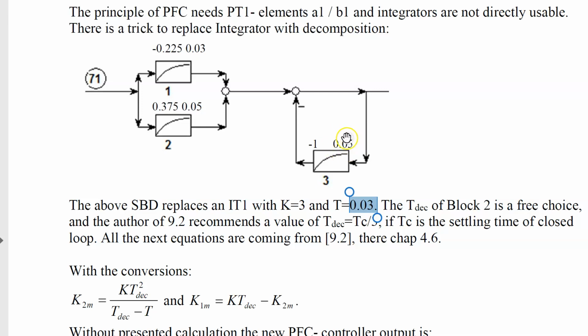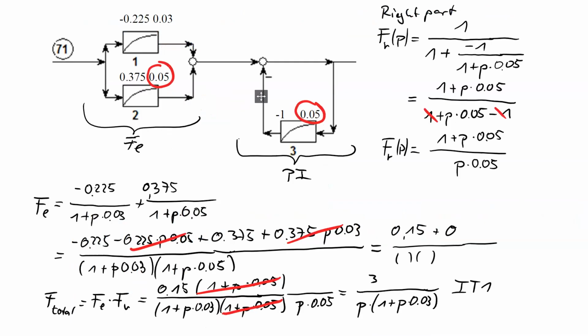Note here we have a time constant which finally is compensated. So in the behavior, this time constant plays theoretically no influence. So this is a free choice. You have a free choice of this time constant, but Mr. Richalet recommends in practical applications this time should be in the near of the 5% settling time.